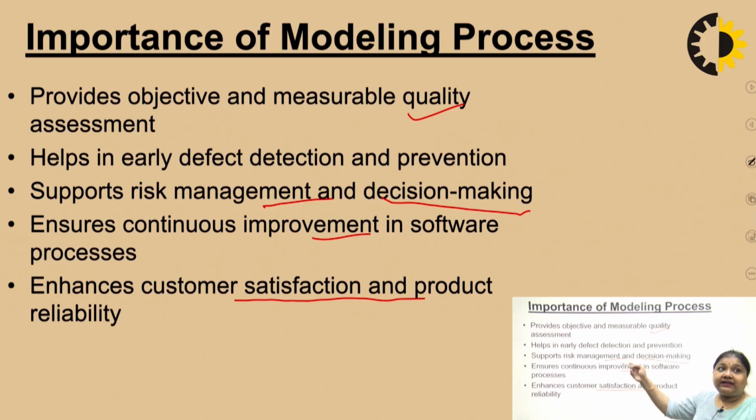So these are some importance of the modeling process, through which we have a clear picture of what we are going to do, how we can measure product quality assessment, what needs to be done for early defect detection and how to prevent it, risk management, decision making, continuous improvement in the software processes, and customer satisfaction and product reliability. So these all are the importance of the modeling process.